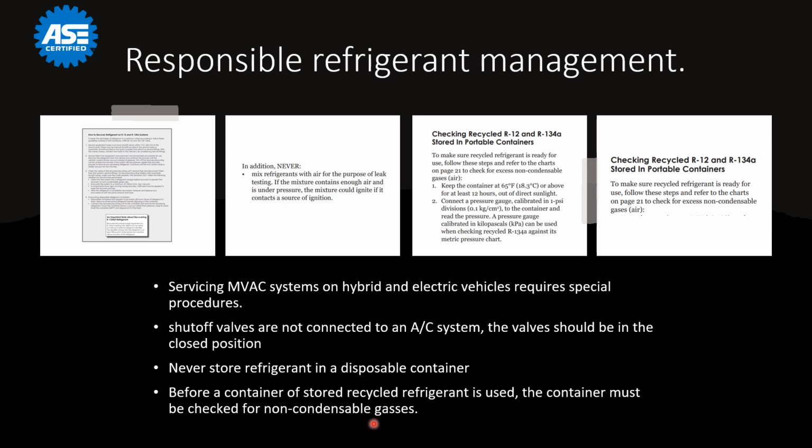So making sure that there's no air in these gases, because air has water in it, right? And if you have water in your system, it's not going to change its state, as we discussed a little earlier about the change of state. So making sure that you don't have air in your system is very important.